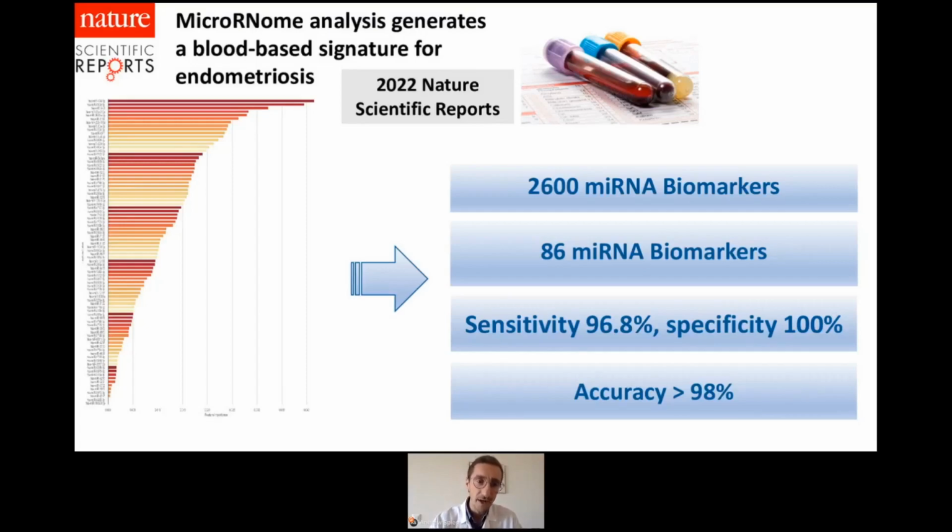On the left-hand side, you can see the relative importance of each microRNA contributing towards this model. An interesting side note is that even those with the slightest importance in the overall model are very necessary to the performance of the model. If one were to take out 5 or 10 of them, the diagnostic accuracy would actually be influenced far more than one would imagine.